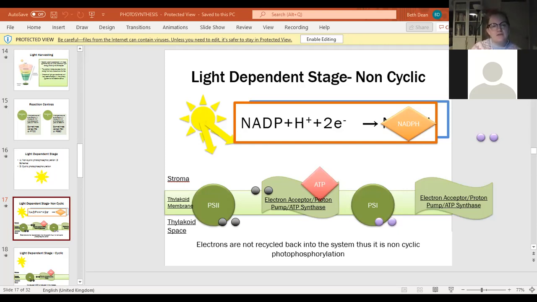So again, we're in the leaf, in the chloroplast, but this time in the stroma of the chloroplast. The principal role of the light-independent reaction is to reduce carbon dioxide to form carbohydrates. So this is basically to make that sugar. If we think back to that really basic overview of what photosynthesis is, it's to make that sugar.